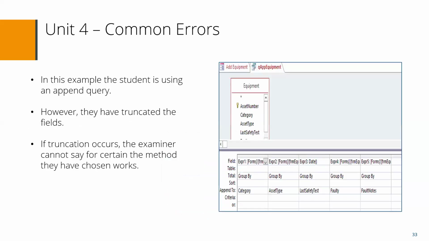Unit 4. Now this one is going to need a lot of explanation. Truncation is a nightmare. If you look at this example here, you might first say, well, what's the problem? The problem is we can't see all the fields in the top image, and that will be a major problem for us.